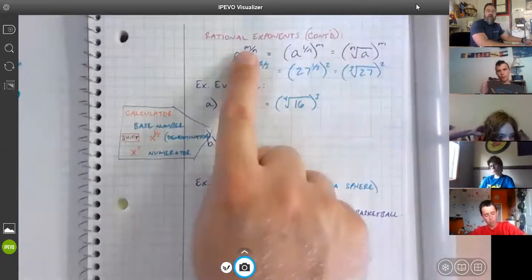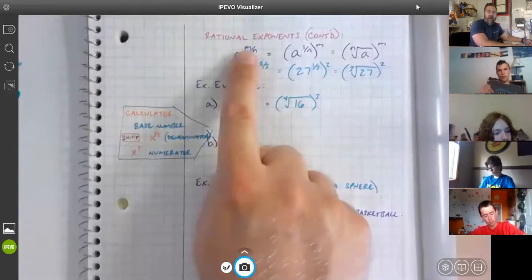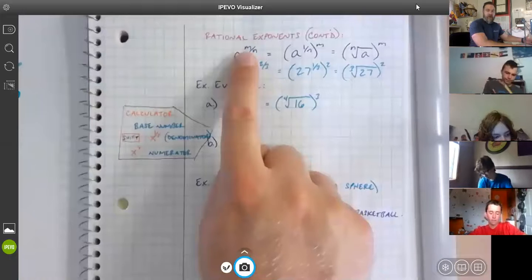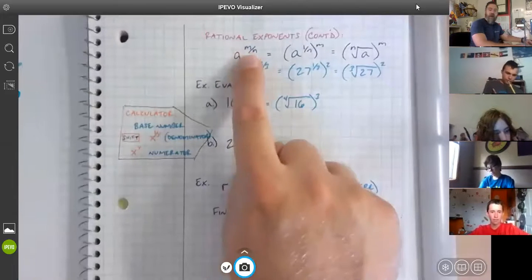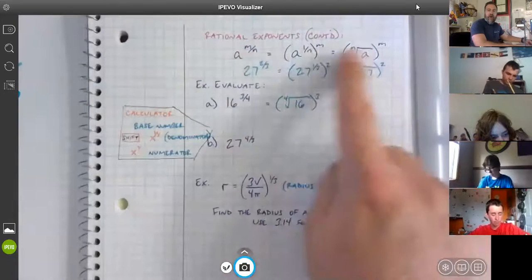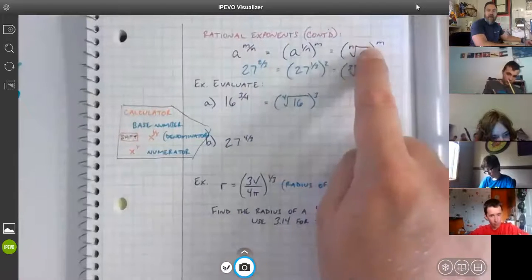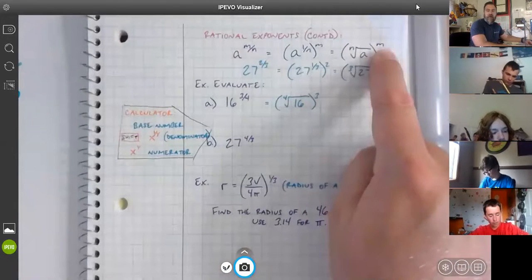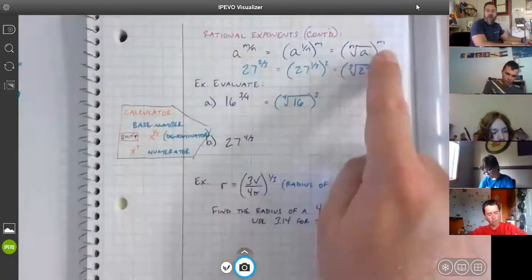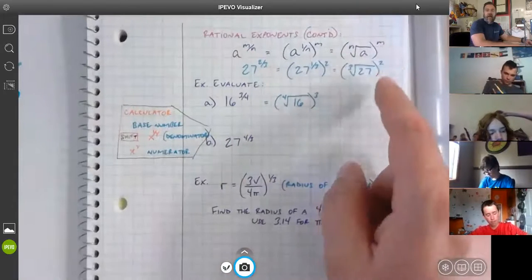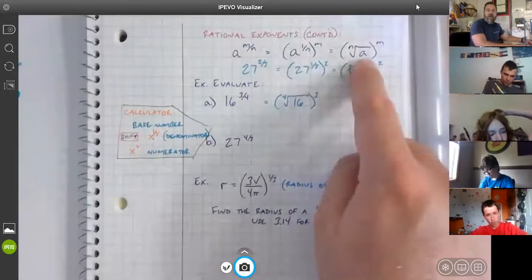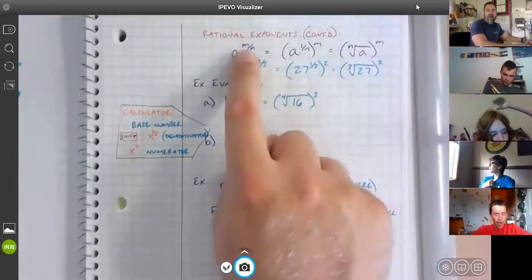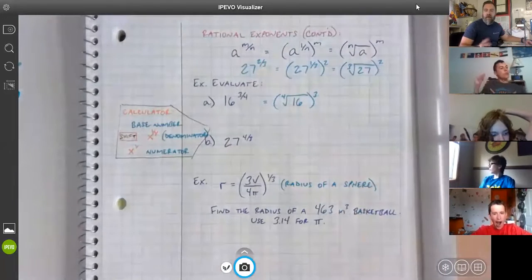But now what happens if the numerator of that rational exponent is anything other than 1? It's a simple task here. Whatever the numerator is, I'm going to raise that whole radical mess to that exponent. So where does the numerator go? It's just outside that mess. And the reverse of that, if I started with this radical mess, whatever exponent is out here would be the numerator in my rational exponent.